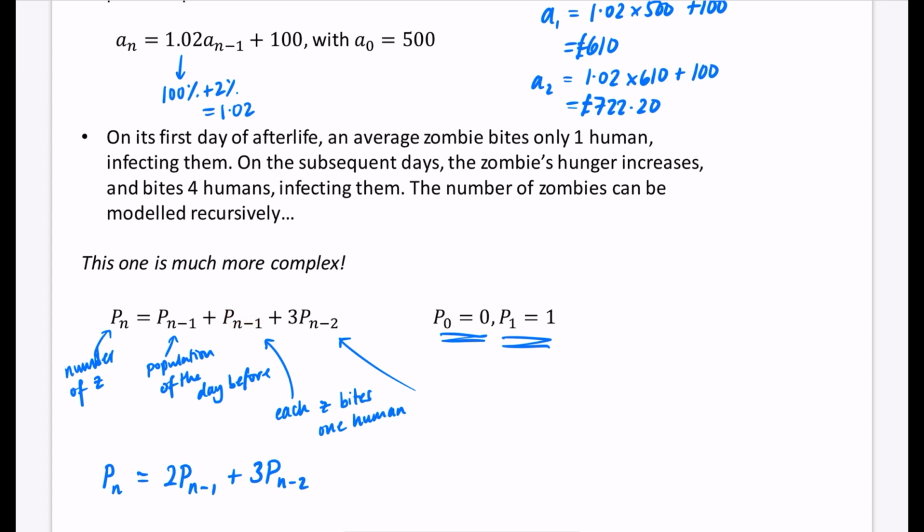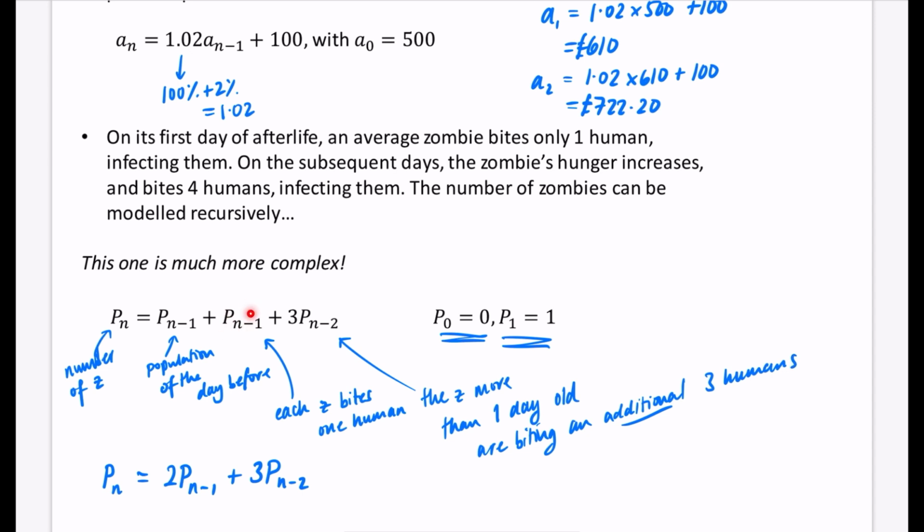So this is saying the zombies more than 1 day old are biting an additional 3. And I'm going to underline that word additional, because we've already accounted for one of their bites in this part. Every zombie from the day before has bitten one human, but zombies that have been alive for the day before that are now also biting 3 additional humans.